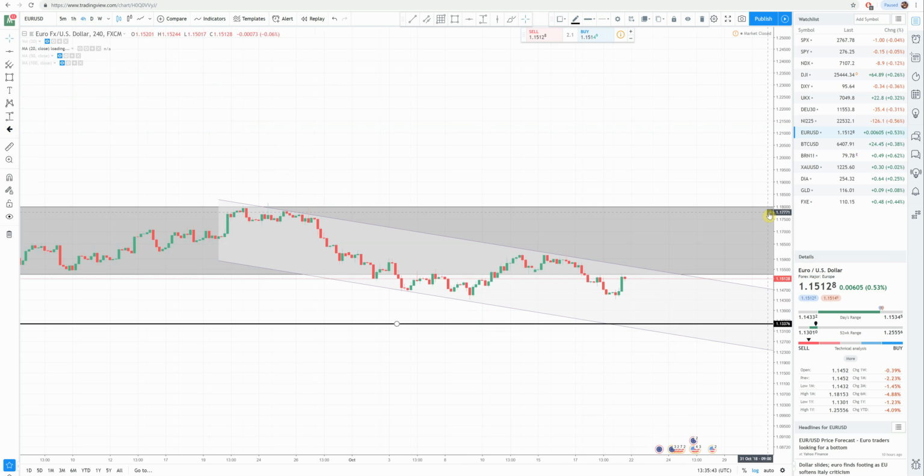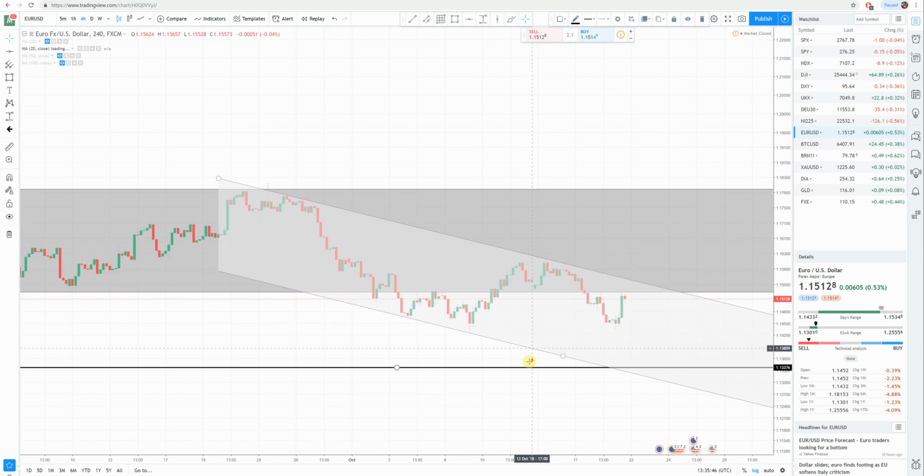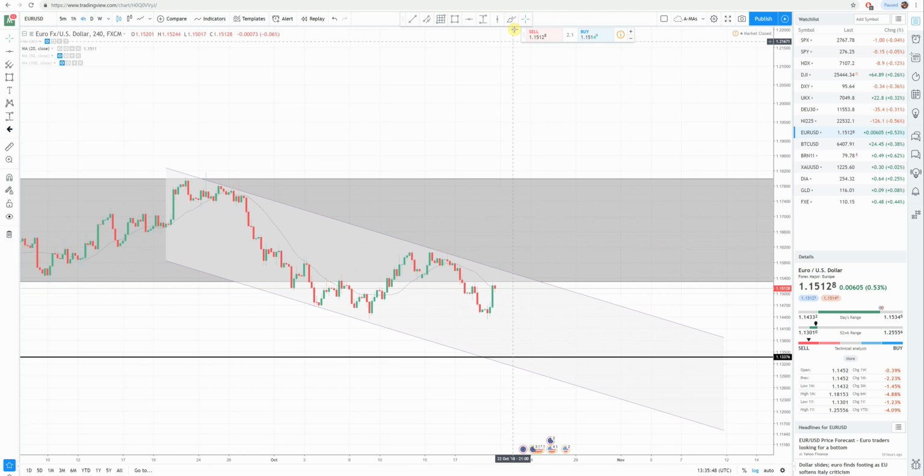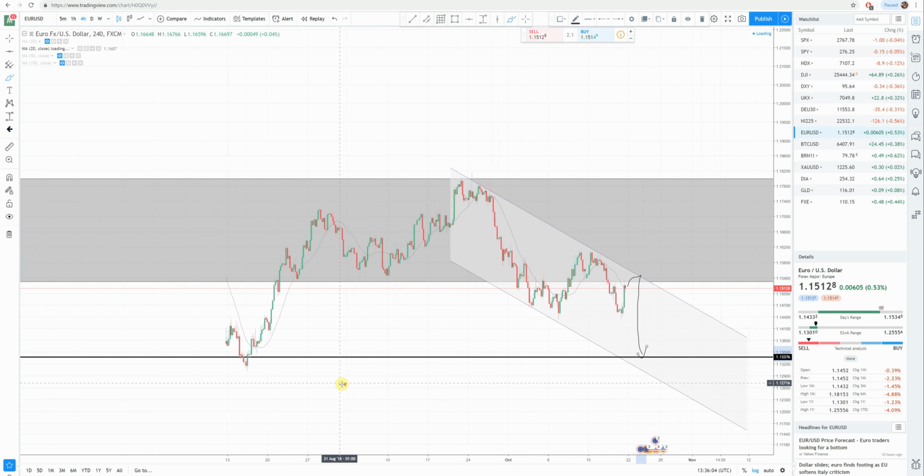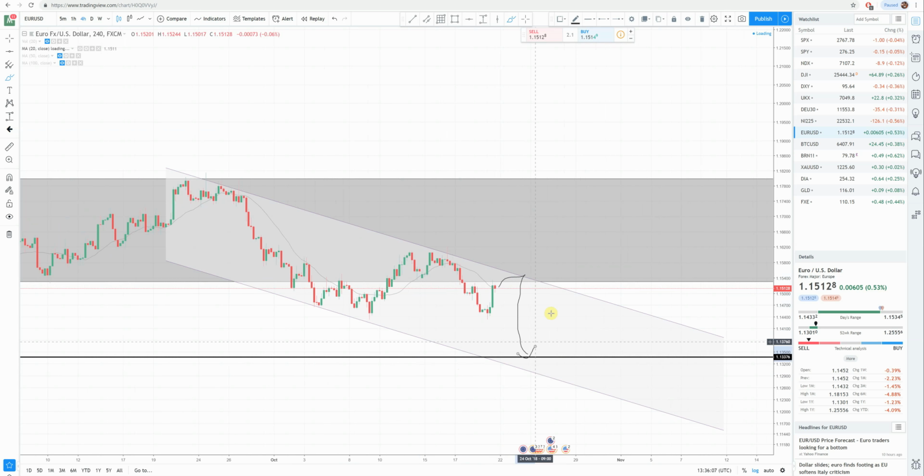Let's look at the 4-hour chart. We can either look at this as a down channel and see if it comes back down to the support levels, or we can also wait to see if it comes back to this range.